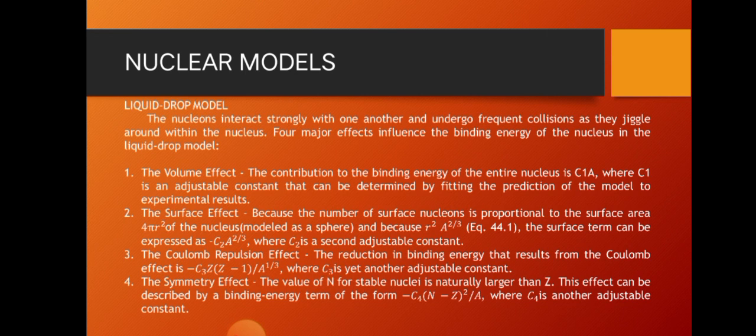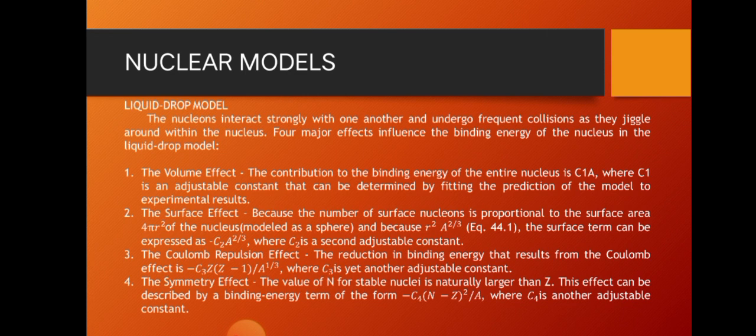Number two, the surface effect. Because the number of surface nucleons is proportional to the surface area, 4 pi r squared, of the nucleus, which is modeled as a sphere, and because r squared is proportional to A raised to 2/3 from equation 44.1, the surface term can be expressed as negative C2 multiplied by A raised to 2/3, where C2 is the second adjustable constant.